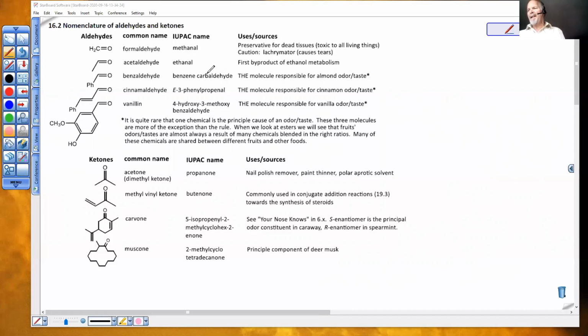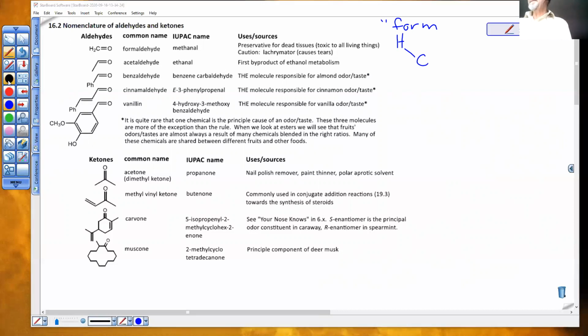Methanal, ethanal. We need to know the form prefix, and this is not new, but you may have forgotten, what does form as a prefix mean? Well, I lost everything. Form as a prefix really is a carbon with a bond to hydrogen.